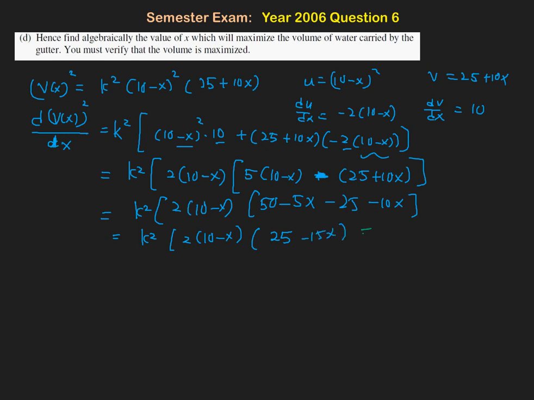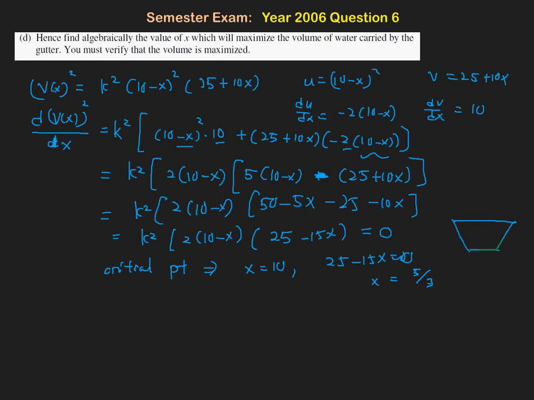So from here we can see that the critical points are x equals 10, and also, setting this to 0, x equals 5 over 3. However, understand that we can't take x equals 10 because this is the cross section of the gutter.